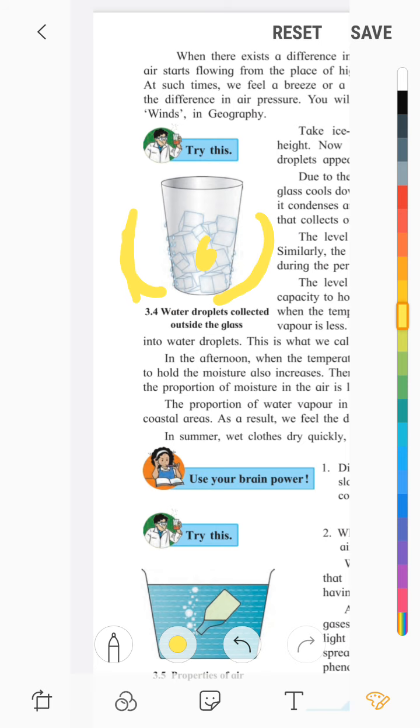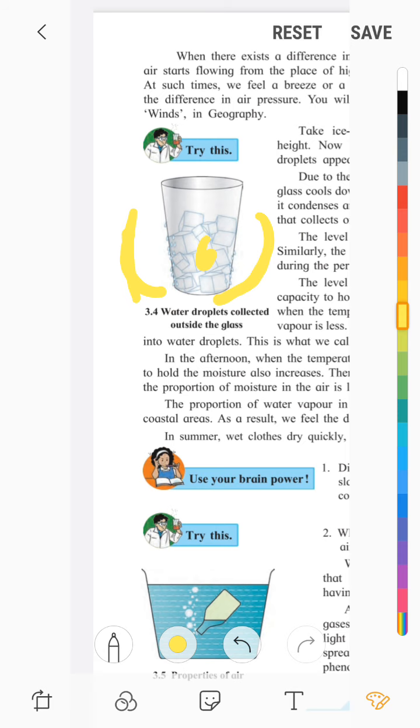Why does it happen? The level of humidity is different in different places. Similarly, the humidity levels also change from time to time within a single day. The level of humidity of the air is determined by its capacity to hold water.